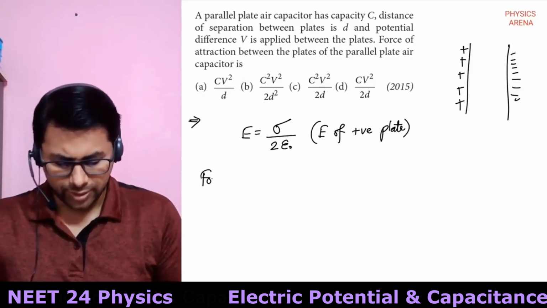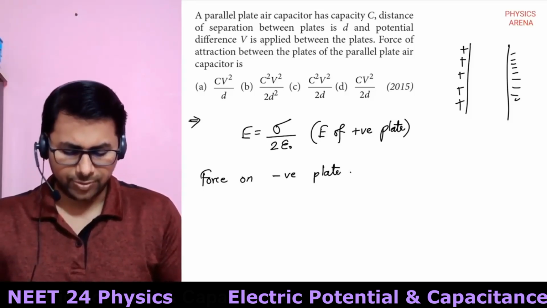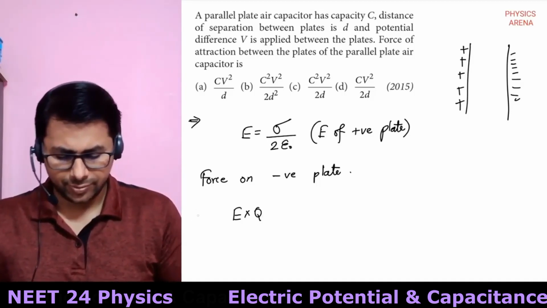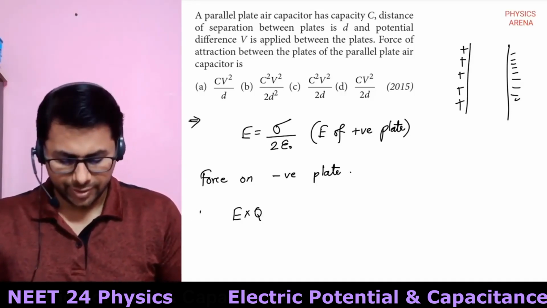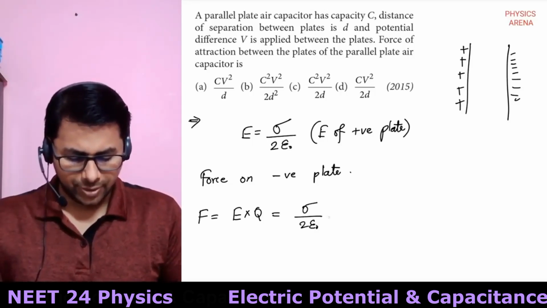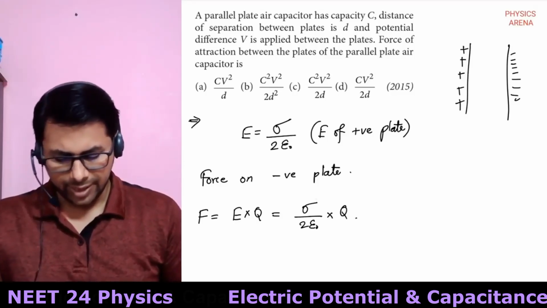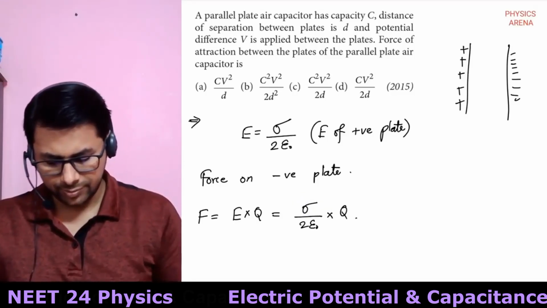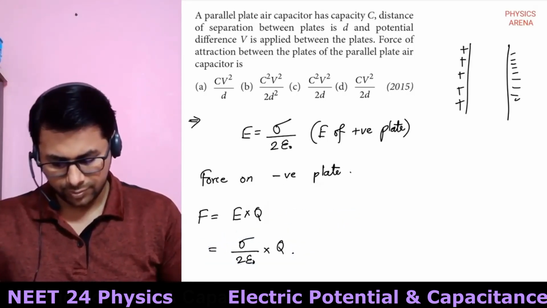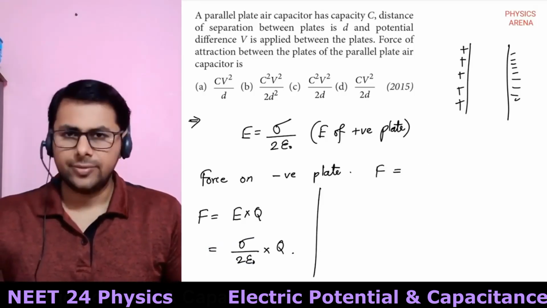Therefore, the force on the negative plate due to the positive plate will be equal to what? E multiplied by Q, the charge on the plate. So it is sigma upon 2 epsilon naught multiplied by Q, and sigma can be written as charge upon area.